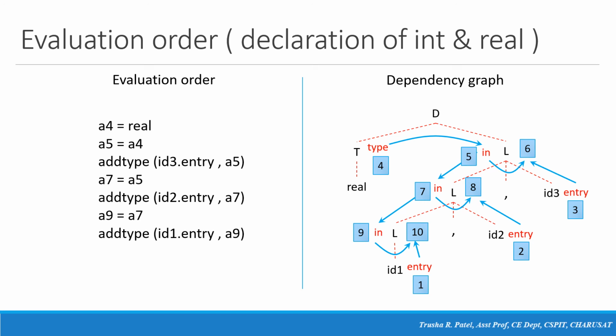After that, A5 will be assigned to A7, then the entry for identifier 2 will be made with the A7 value, then the value of A7 will be transferred to A9, and at the last, the entry of identifier 1 will be updated with A9.